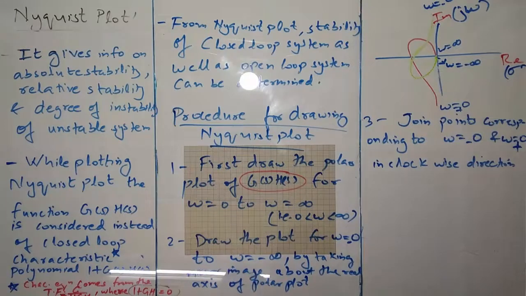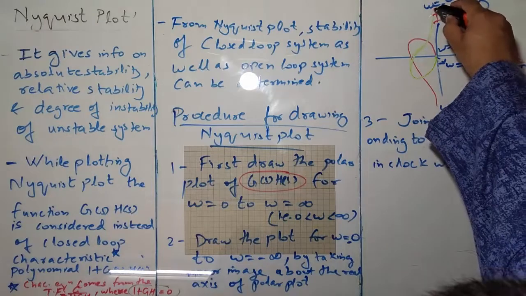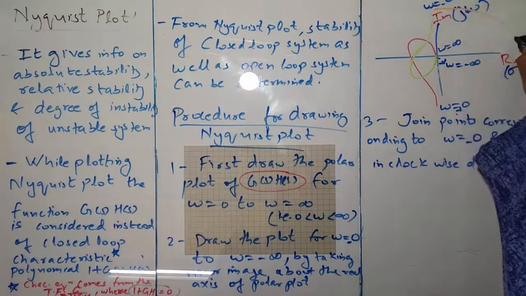The third step says to join the points corresponding to omega minus 0 and omega plus 0 in clockwise direction, which means that you will have to join the points, which of course will have a radius of infinity.